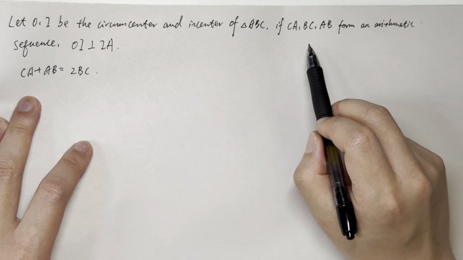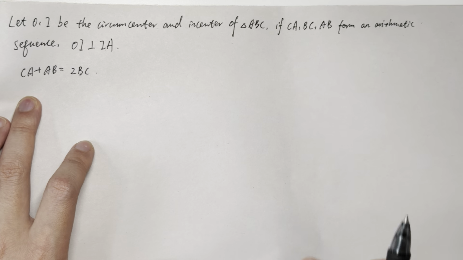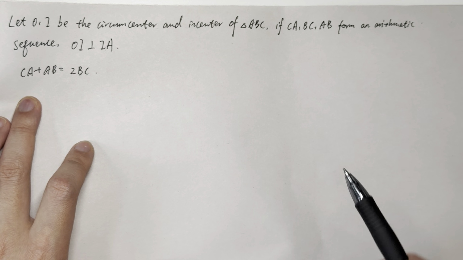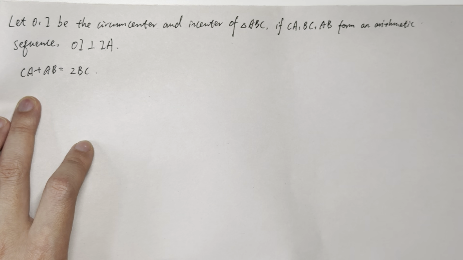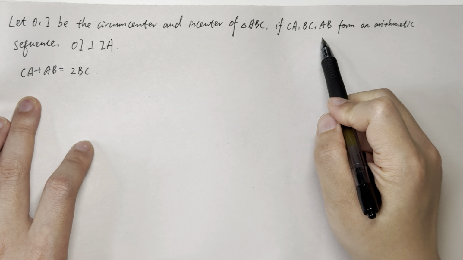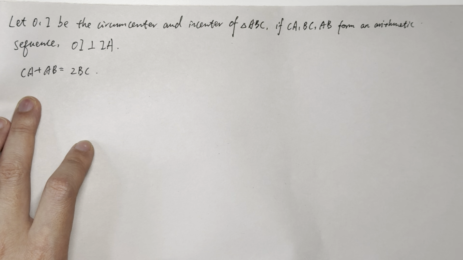That means CA is the shortest edge, BC is a medium length edge, and AB is the longest edge, which means these three sides are not equal, right?